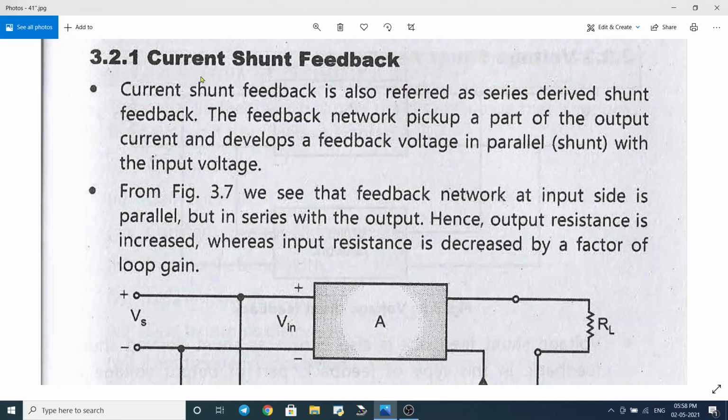The current shunt feedback is called series derived shunt feedback. Derived means obtained. It is injected in a shunt manner, derived in a series manner.